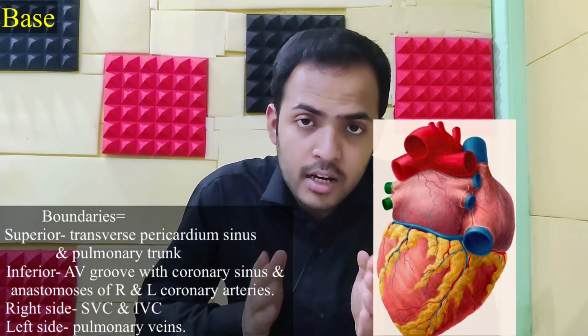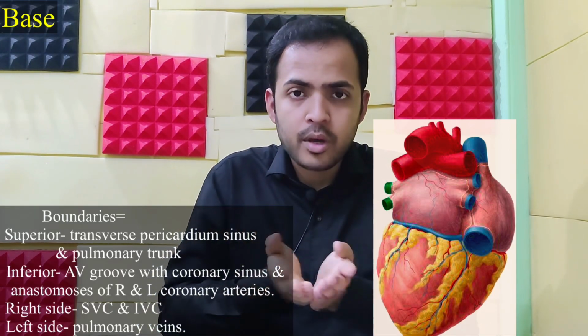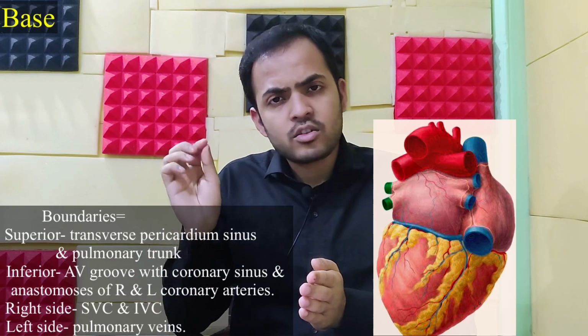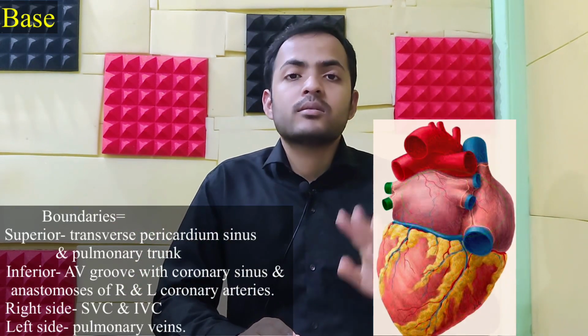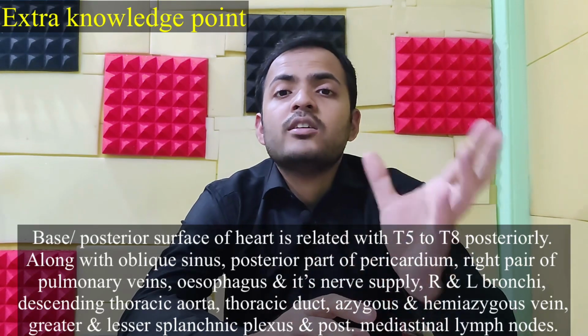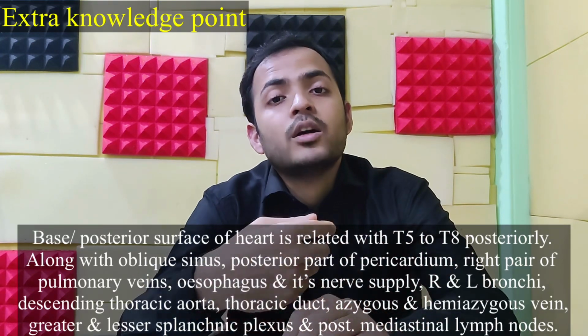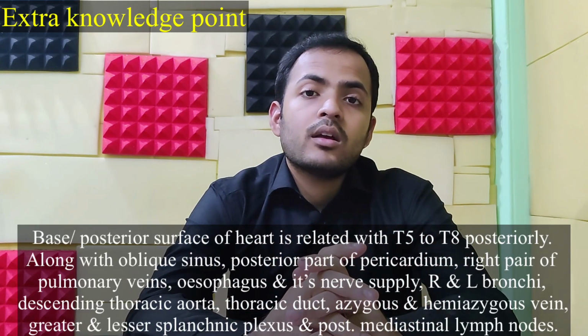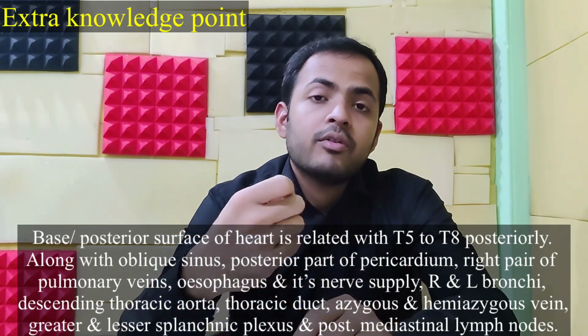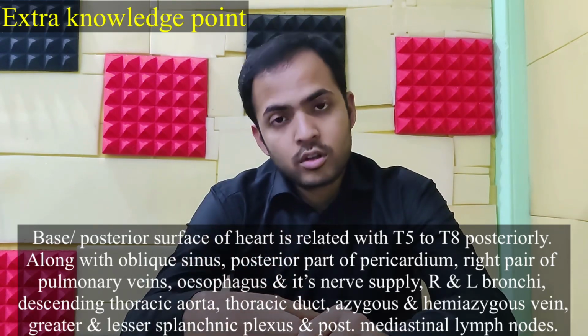Now to the right side of this posterior surface of the base, you're going to find the superior and inferior vena cava, and to the left side you're going to find the pulmonary veins. That's it. Now one extra knowledge point for you: this posterior surface of the heart, or the base of the heart, is related to our vertebrae, I mean the posterior relationship. So T5 to T8, the 5th thoracic vertebra to the 8th thoracic vertebra.